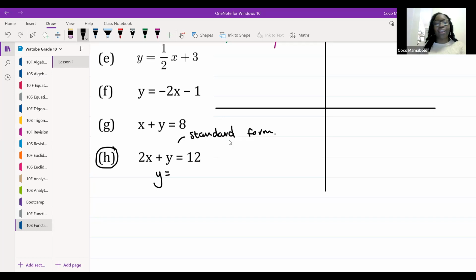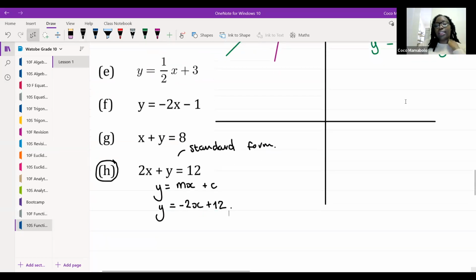That's it. Well done. Remember, the point intercept form is y is equal to mx plus c. So that value of x with its gradient must sit first. So we would say y is equal to -2x plus 12. Beautiful stuff. Excellent.